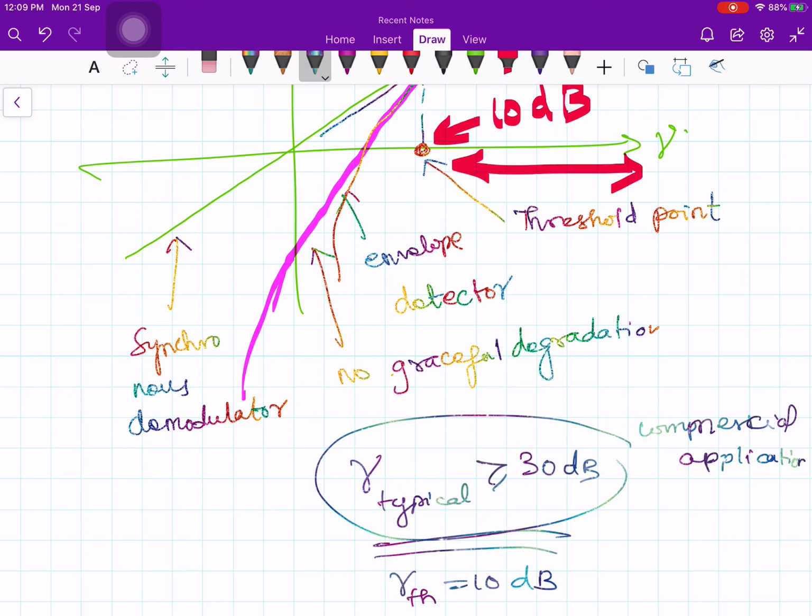Because of its simplicity. Your envelope detector is a much simpler circuit. Therefore, the envelope detector is mostly used to capture the information without much loss. So that is the lesson that we have learnt from this.